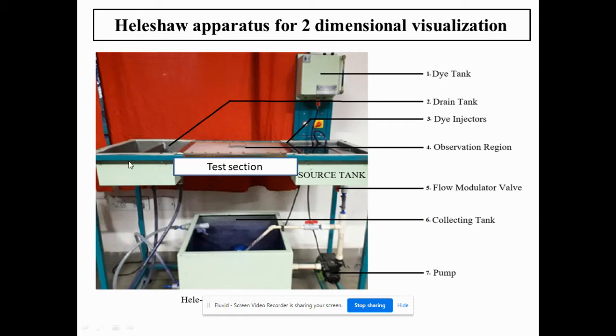So we have two drain tanks, and the drain tanks are again collected by the collecting tank. So the water coming out of the drain tank will be collected by the collecting tank. And if there is excessive pressure or excessive flow, the source tank should not overflow. That's why we have a release valve over here.